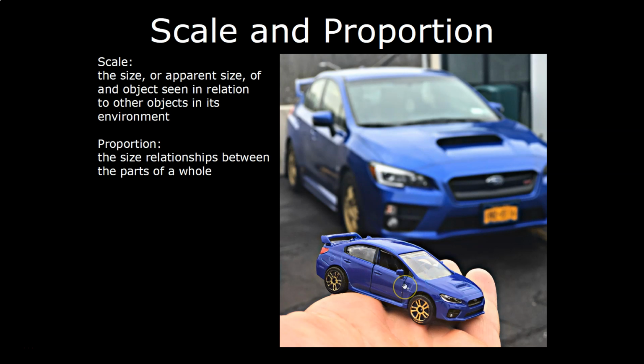Now, when they scale the model down, they preserve proportion. Proportion is the size relationships between the parts and the whole. So the ratio of this door to the whole car stays the same. The best way to understand that is to look at a line. This larger line is twice the size of this line. So it's scaled up to twice the size, and that's the scale.